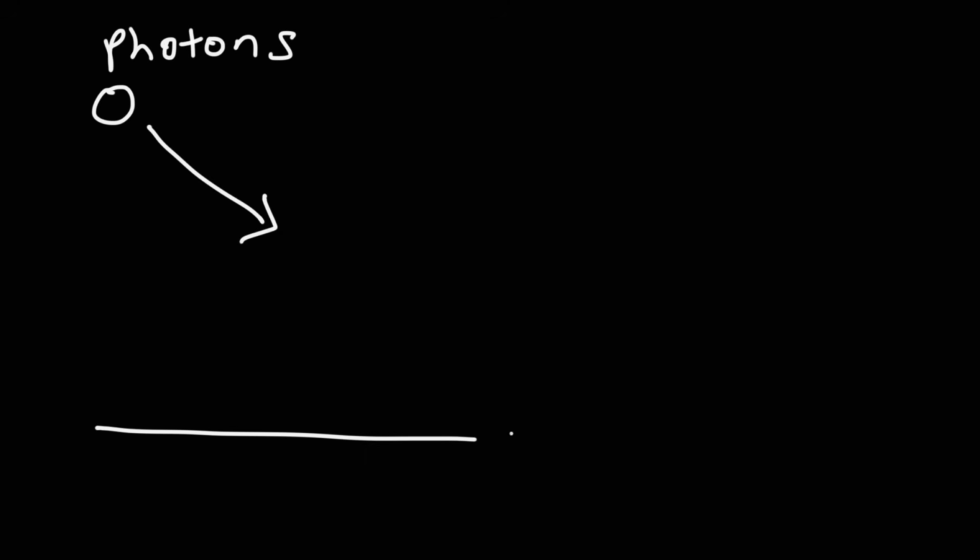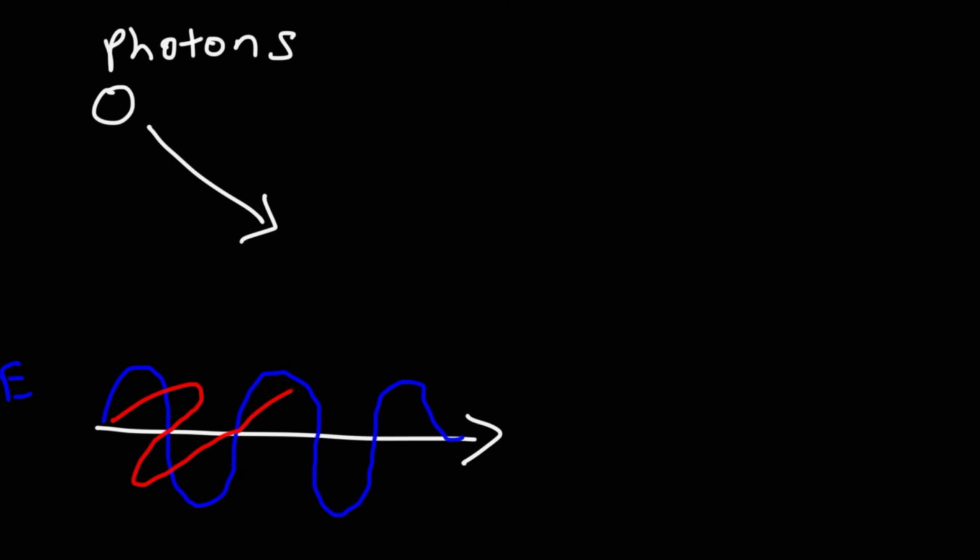But when talking about light, light has an oscillating electric field, but it also has an oscillating magnetic field, which is perpendicular to the electric field. So because of the oscillating electric and magnetic fields, light is an EM wave, an electromagnetic wave.